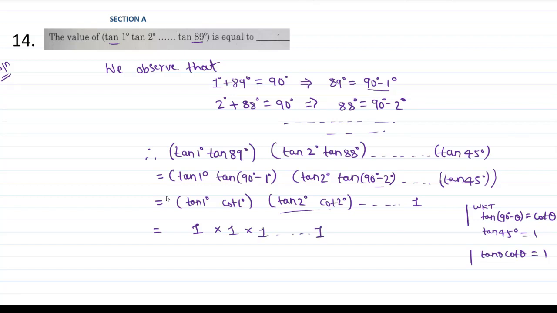The last term's value is also 1. Therefore, 1 into 1 into 1 and so on is equal to 1. Therefore, the value of tan 1 degree, tan 2 degree, and so on, tan 89 degree is equal to 1.